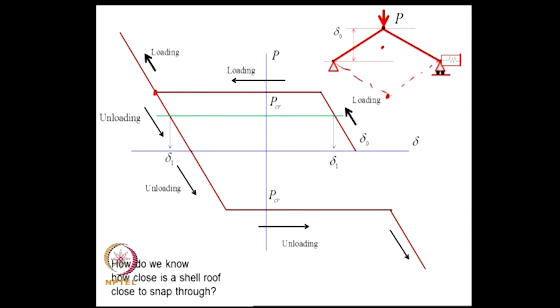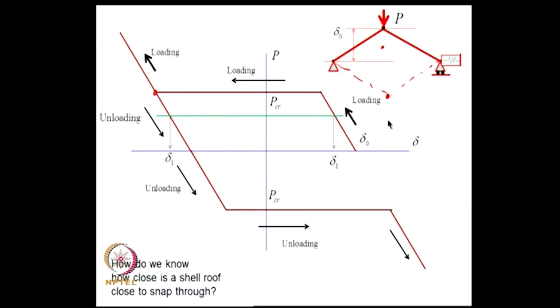This happens, for example, in an umbrella on a windy day, where the sign of the curvature of the umbrella can suddenly change. This is what is known as snap through buckling. So, the loading increases and at this point there is a dramatic increase in the deflection, and with further increase in load, this fellow will start deflecting in this direction.